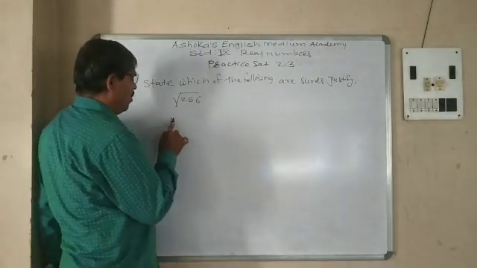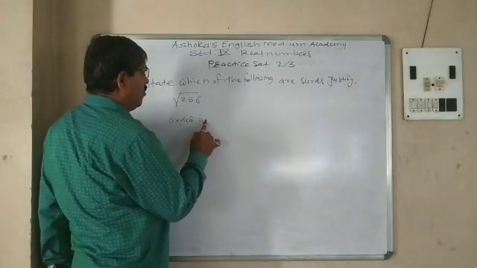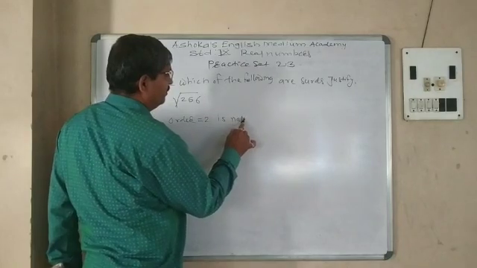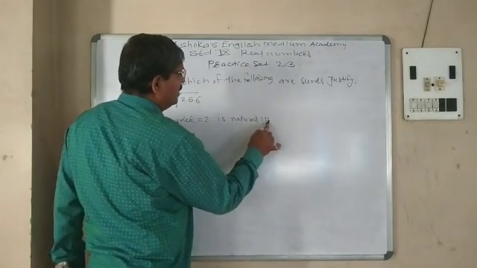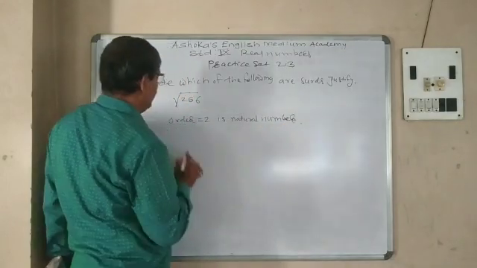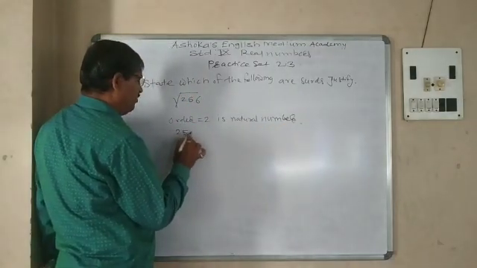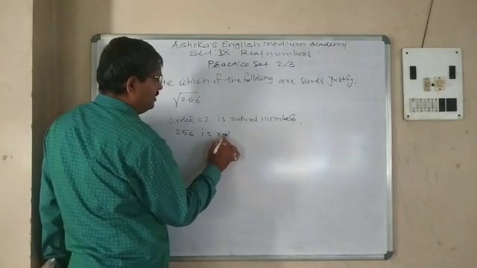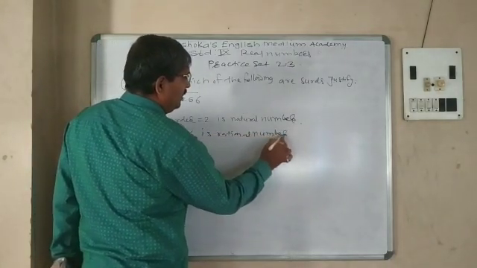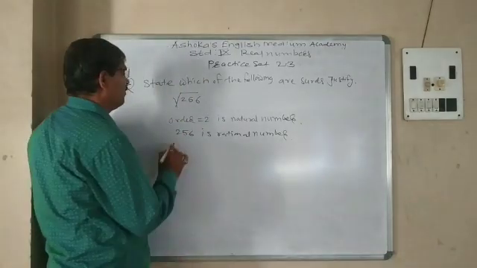Order is equal to 2, which is a natural number. 256 is a rational number.